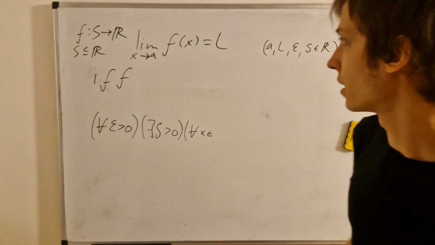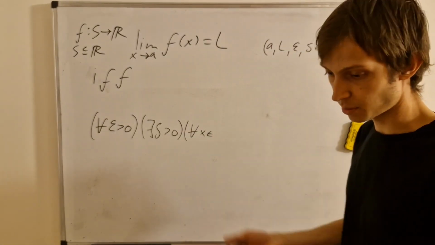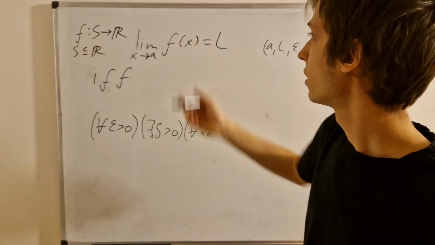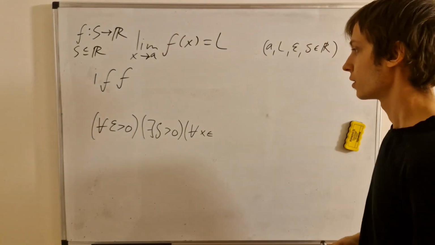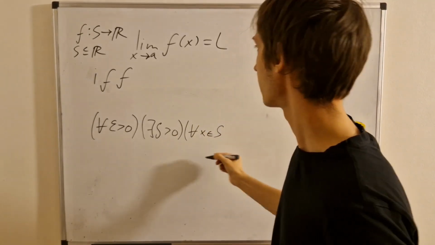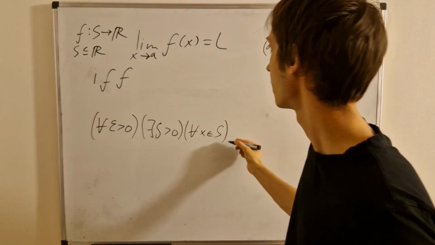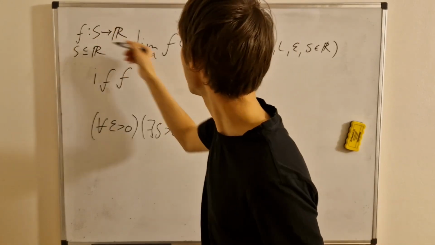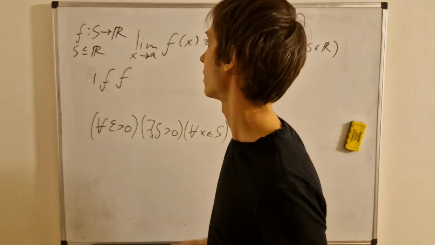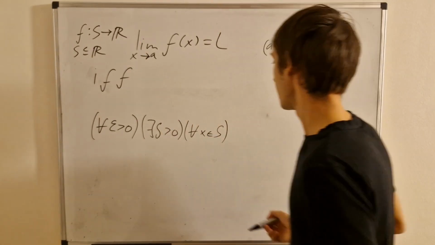We haven't specified what f of x is concretely. Perhaps f of x cannot have some real numbers inputted, but the output we say is in the real numbers. So for every x in the input set S, we say this f, which we're taking the limit of, goes from a subset of the reals into the reals.